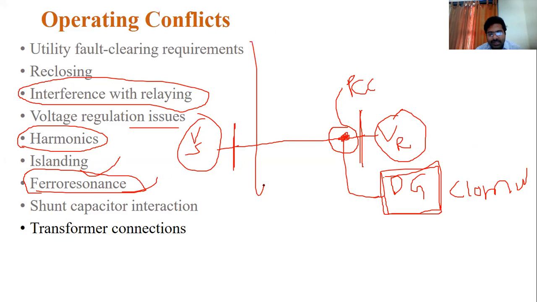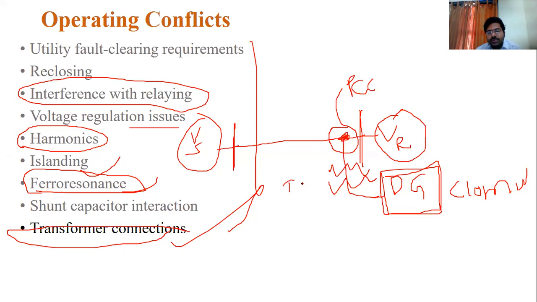We have already discussed these key things, and another key thing is the transformer connection. You know that this DG is connected to the feeder by using some transformer. So what is the performance of the transformer while connecting this DG to these systems?